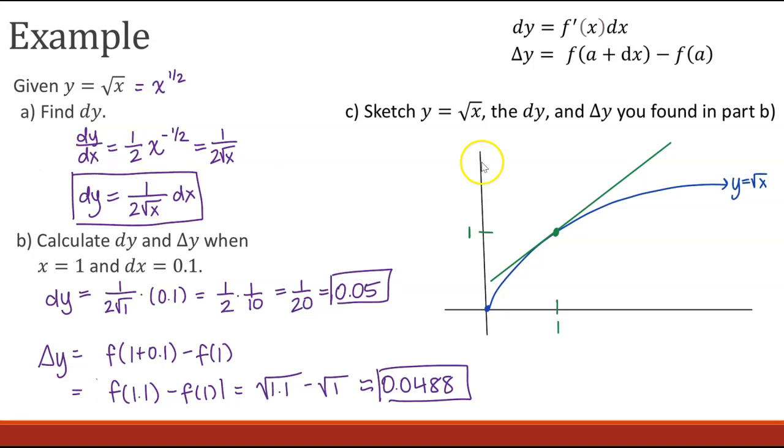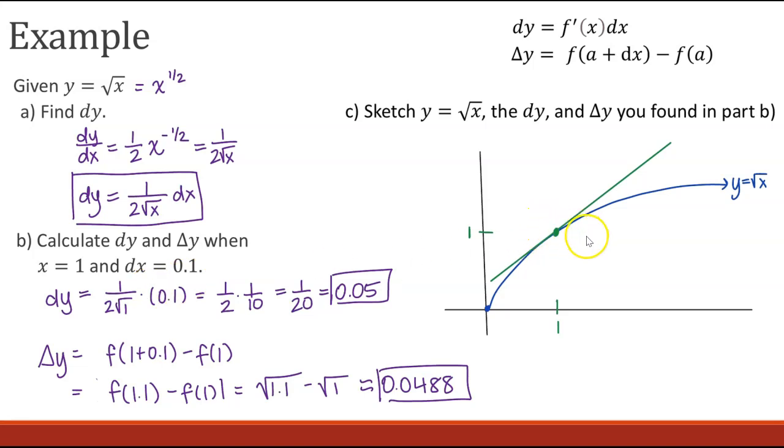All right, so now we want to sketch dy versus delta y. I'm going to fudge it a little bit here, because what we want to do is analyze when I'm a distance dx away. Well, dx is very small. dx is 0.1, because we're talking about making a small change in x to see what happens to the change in y.